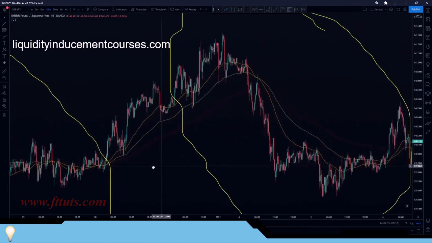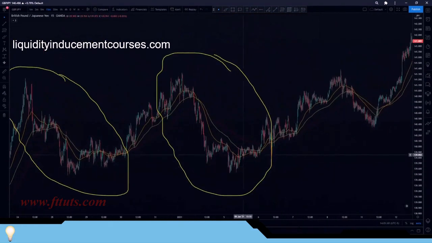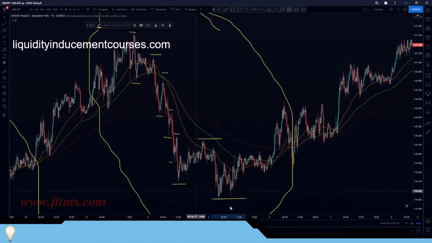Once again, if we look at our second correction, you can clearly see your high, your low, lower high, lower low, lower high, lower low, lower high, and so on. And then once we created this low over here, we started creating higher highs and higher lows, right?